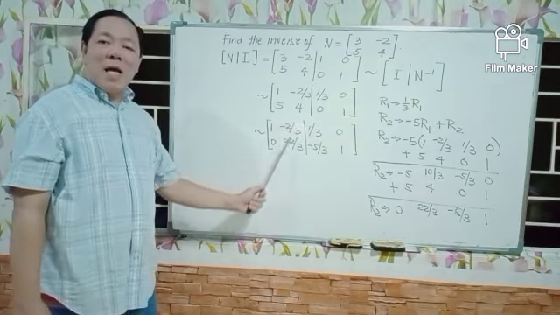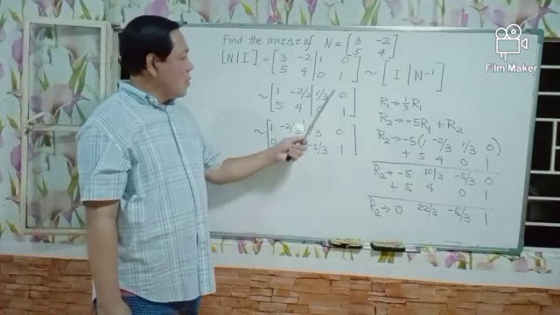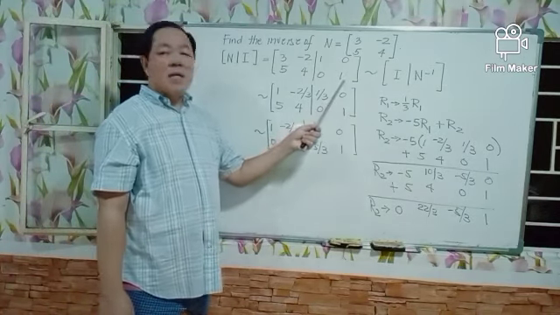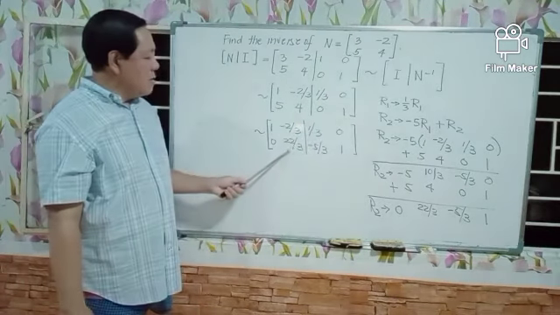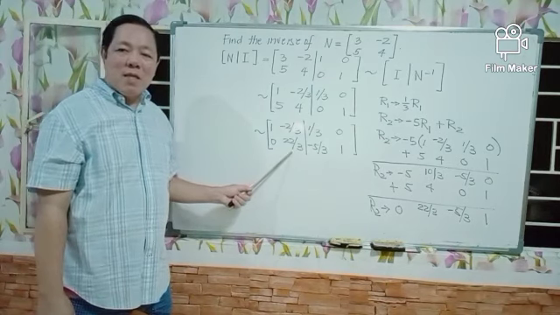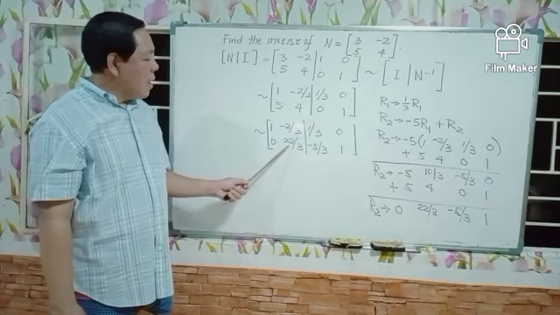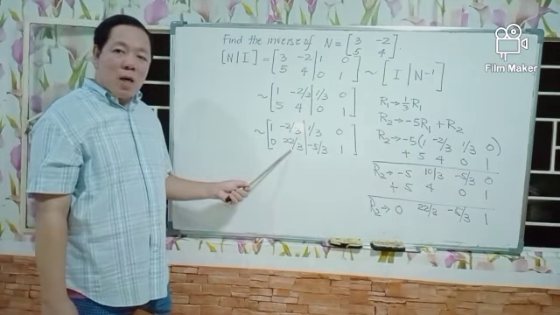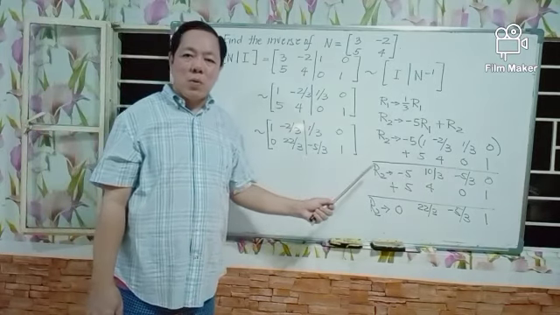Now we will change the entries of the second column, and we start by getting 1 in the second row, second column. And so we want to change this entry, 22/3, into 1. This belongs to row 2, so we have to change all the entries of row 2.